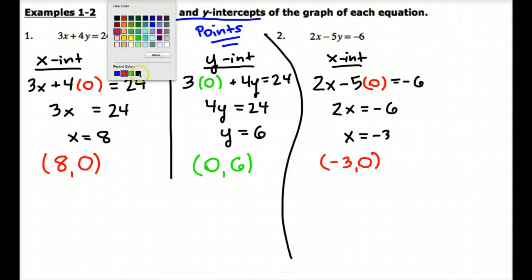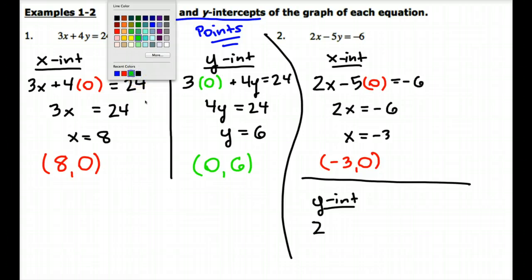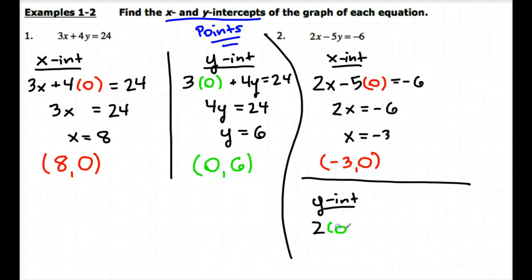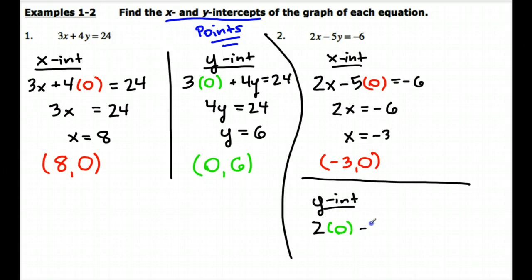And now to find the y-intercept, I'll take the equation again. This time I'll plug in a 0 for x. So 2 times 0 minus 5y equals negative 6. That gives me negative 5y equals negative 6.